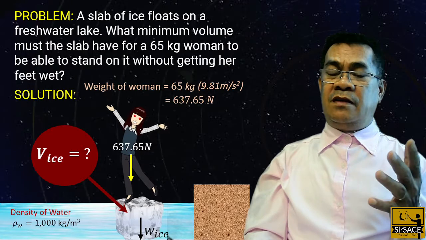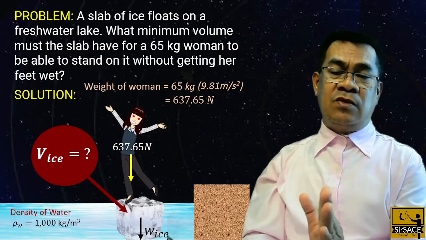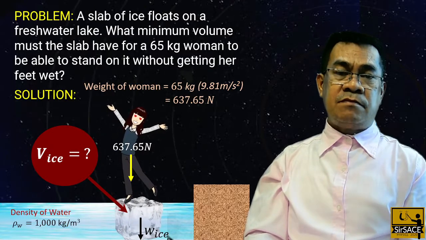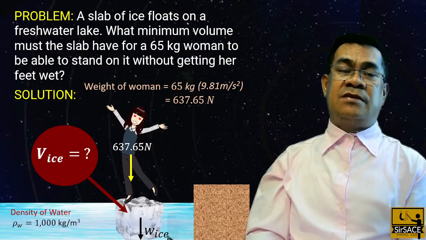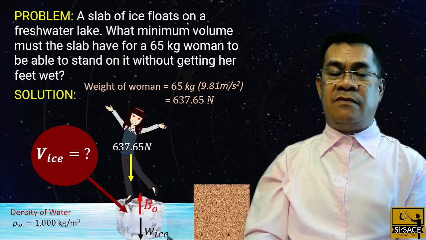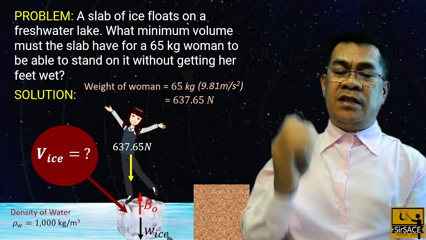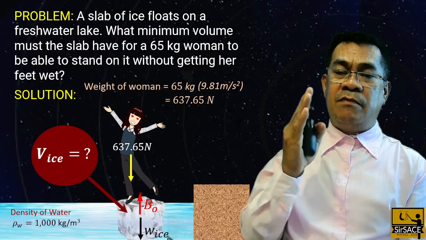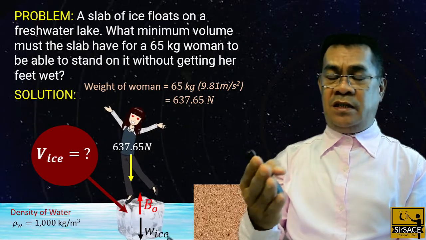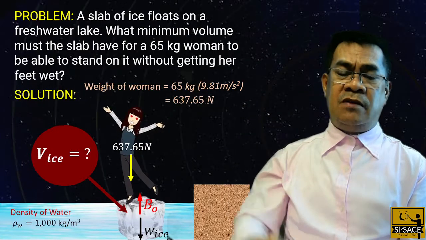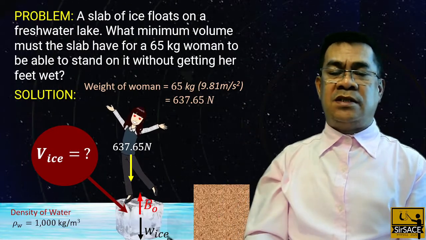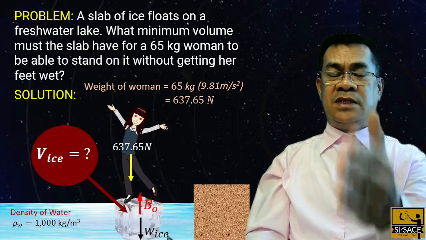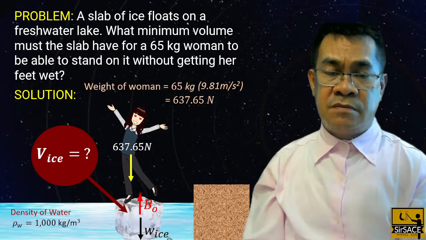The force that tends to move up to balance the two should be the buoyant force. No other force on that. Meaning, the buoyant force balances the weight of the woman, her mass, and also the weight of the ice. Why? Because the system is in equilibrium, balance.